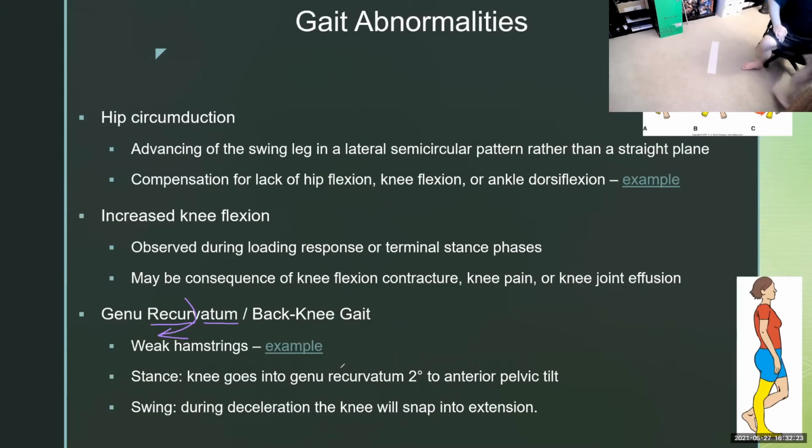The video I have about that is really painful looking. So when I plant down and go into stance phase, what you'll see a lot of times is that kind of pop, and the knee will literally bend backwards. My knee won't bend backwards because I'm already stuck in flexion. But they get this pop going on where it literally pops backwards.